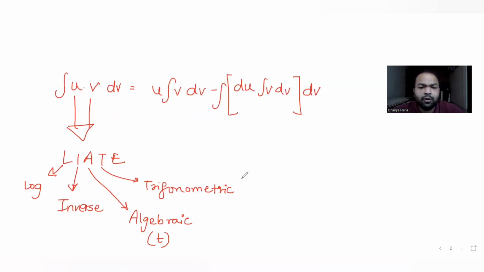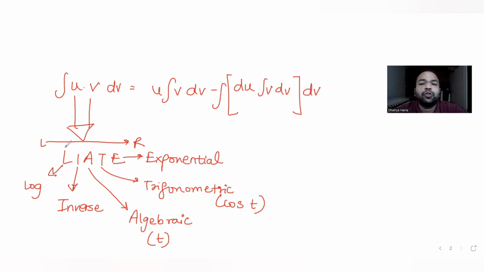That's also a trigonometric function. And then E is your exponential functions. So you go from left to right, and whichever comes first, you put that as u, and the next which comes is v.